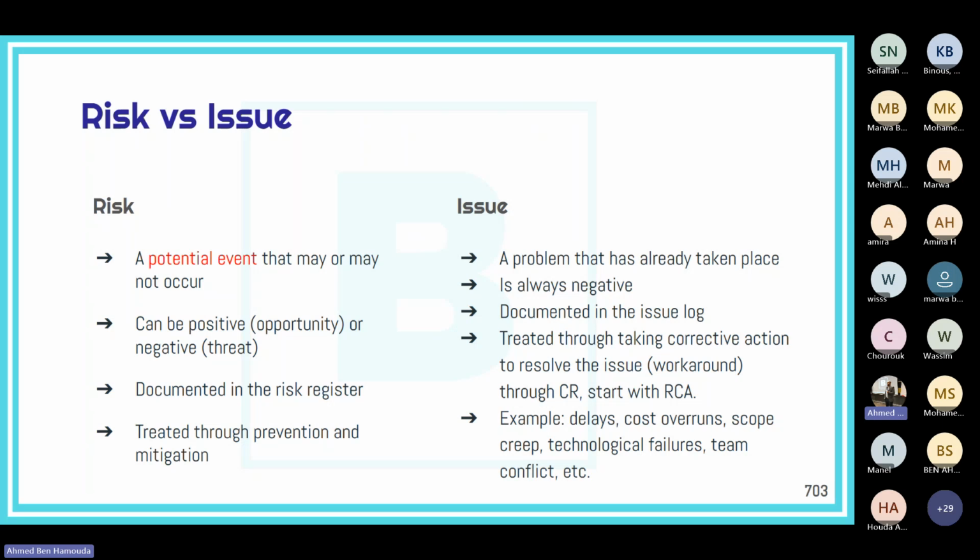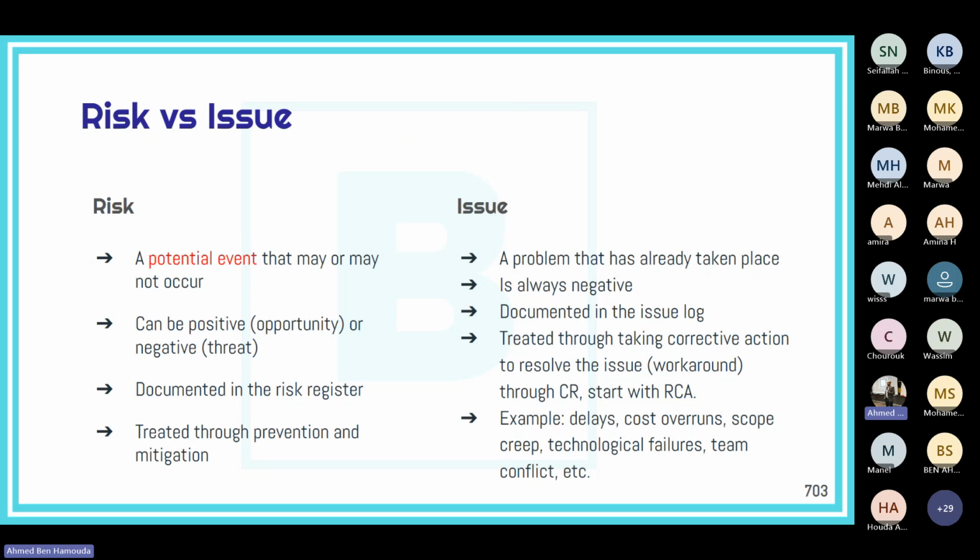But actually, an event with a probable negative impact is called a threat, and an event with a probable positive impact is called an opportunity. A risk is documented in the risk register, which we will see in a while. Okay. And usually risks are treated through a preventive action or mitigation action if you're talking about threats, or various other actions if you're talking about opportunities.